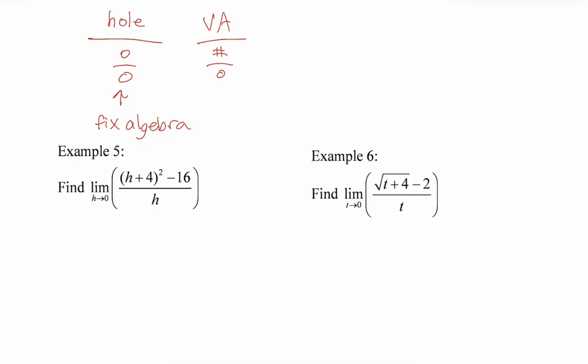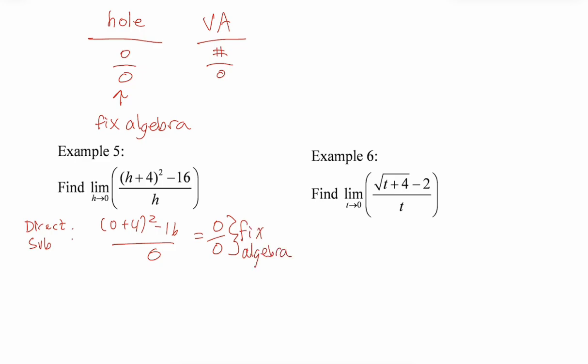So if we try direct substitution, we get 0 plus 4 squared minus 16 over 0. We get 0 over 0. 16 minus 16, 0 over 0. That tells me I have to fix the algebra. I'm going to find some f of x that is equivalent to my original function, but works at 0.